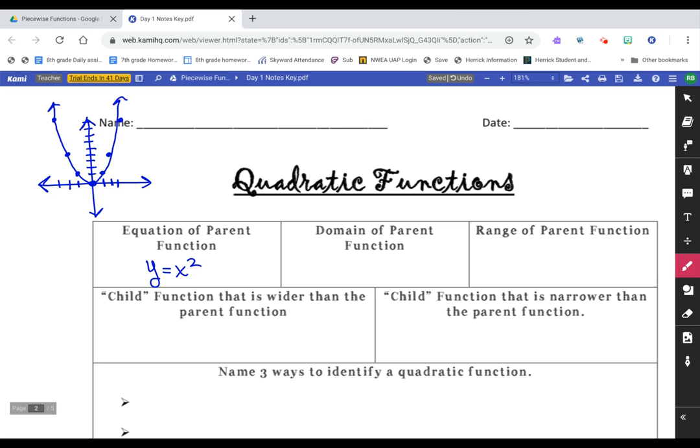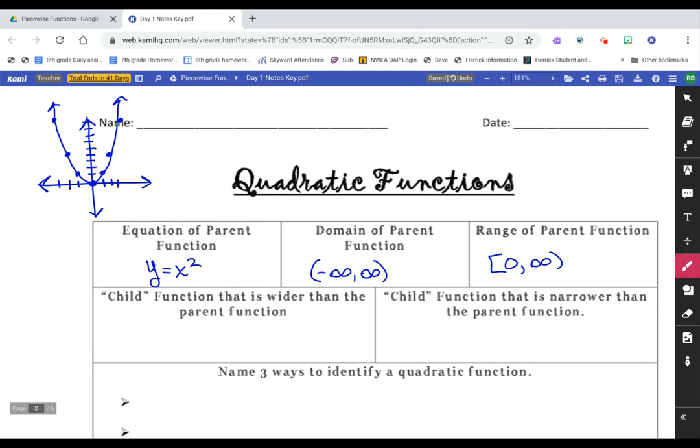The domain of the parent function would be all real numbers. The range of the parent function would be, we would be at 0, and actually it would be a bracket. So we'd have 0 to infinity for the parent function.